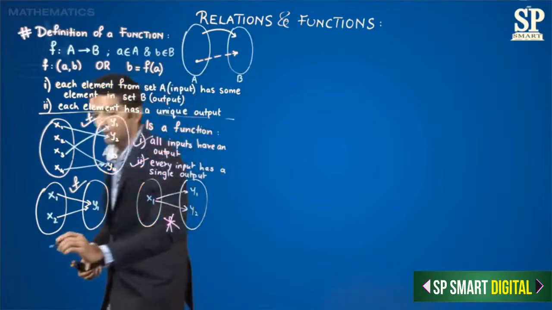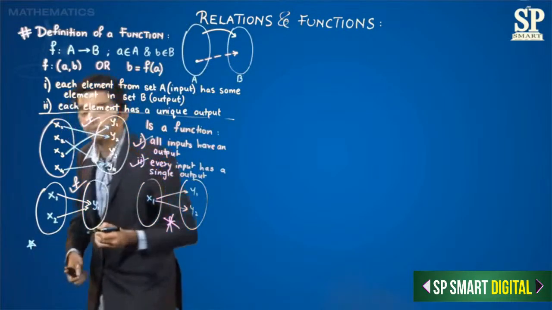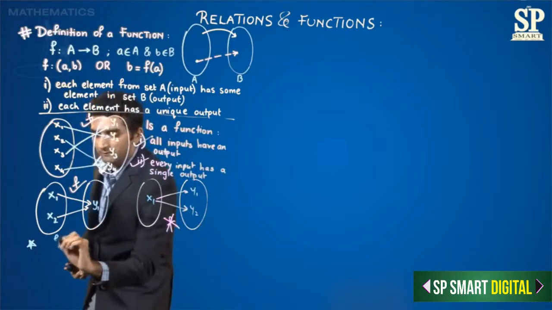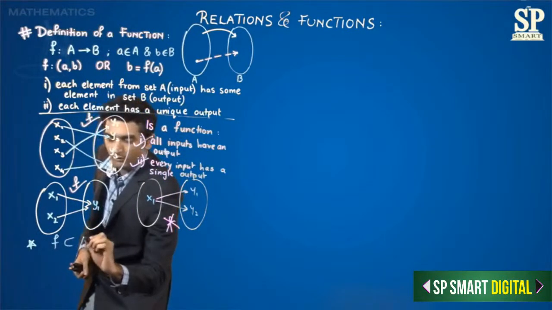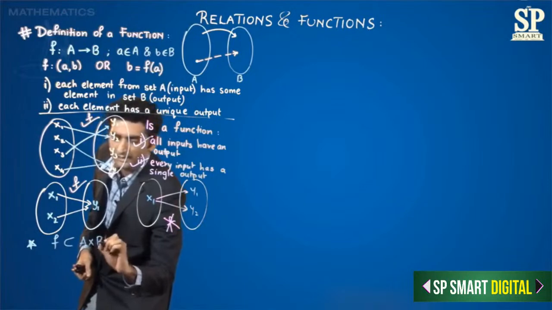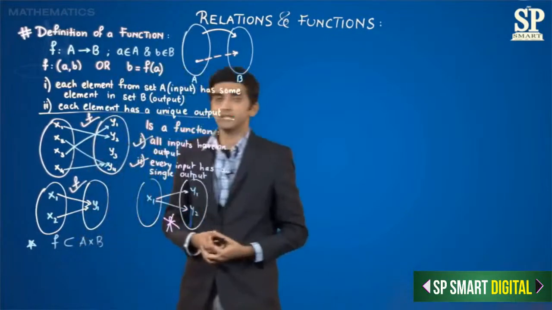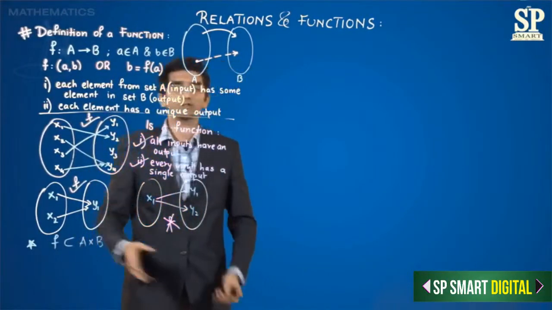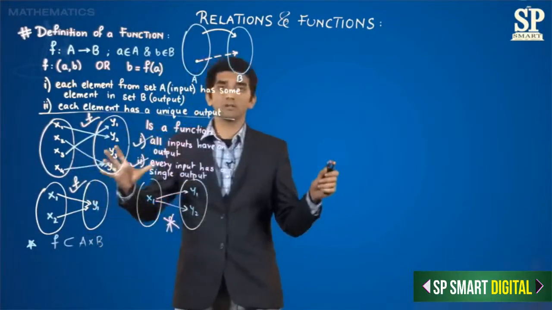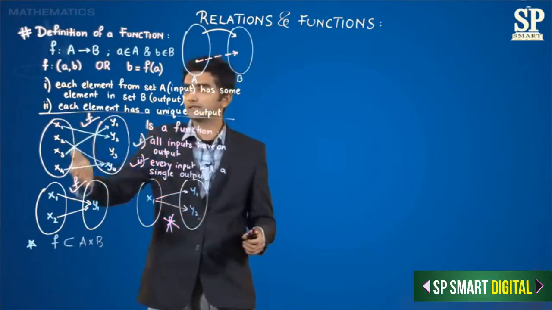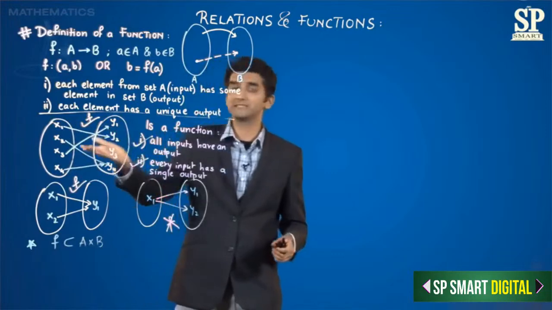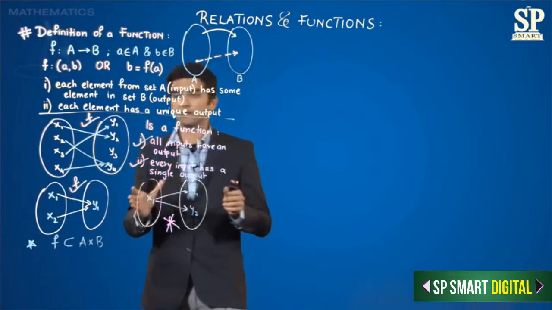And a few more properties that we have understood is that every function is a subset of the Cartesian product A cross B. That is a very natural thing to understand, because the Cartesian product A cross B gives us all the ordered pairs possible, right? Here you can see we have 4 elements and 4 elements. That means you have 16 ordered pairs.